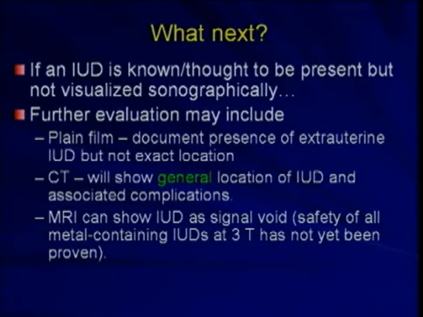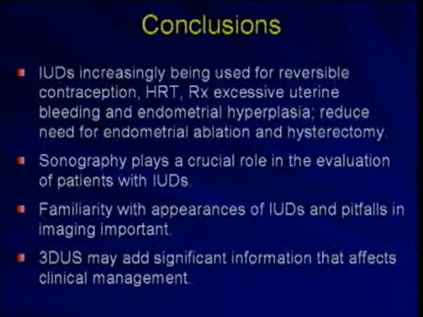Finally, a comment about the MRI. MRI can show the IUD as a signal void. Keep in mind that the safety of all of the metal-containing IUDs at the high field strength of 3T has not yet been proven.